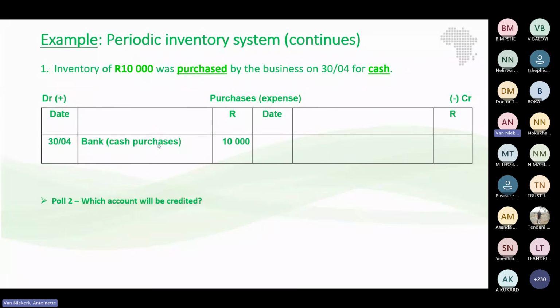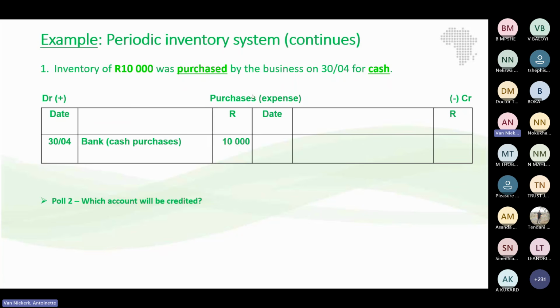increase. So here we recorded the transaction, the 30th of April, bank. I just put here additional information so that we can keep track of what happened. This was cash purchases. And we entered the amount. So this is your T account that we referred to previously.